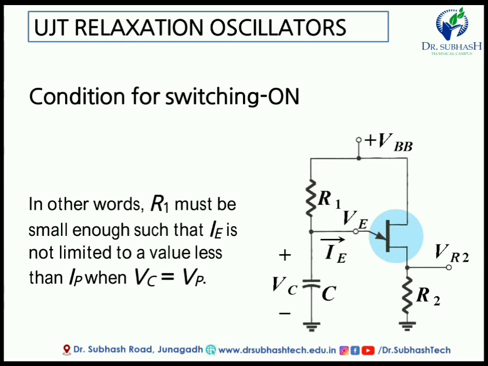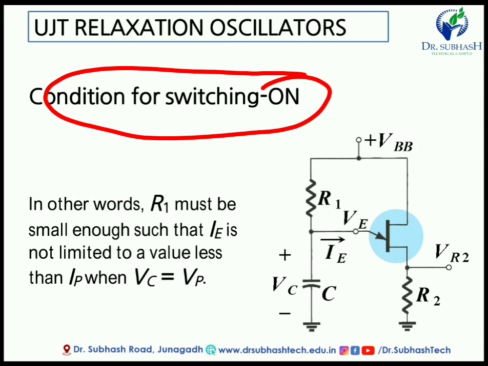This is the basic fundamental. Let's revise some conditions for on time and off time. The condition for switching on is that R1 must be small, such that IE is not limited to a value less than IP. This means we have to design R1 as a very small resistance, and the value of the capacitor varies according to our requirement.